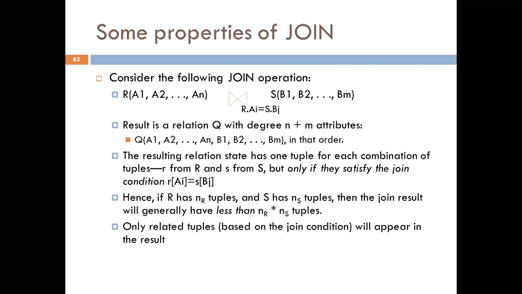Hence, if R has nr number of tuples and S has ns number of tuples, then the join result generally will have less than nr into ns number of tuples. nr into ns is the number of tuples that are possible in Cartesian product, so join will normally have fewer tuples than that. Another property of this join operation is that only related tuples will appear in the result.